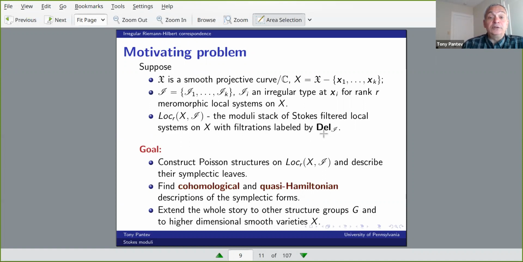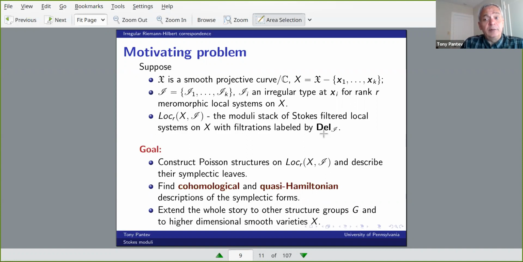And the goal is to construct a Poisson structure on this moduli, describe the symplectic leaves of that Poisson structure, and describe that Poisson structure in the usual way you describe Poisson structures on character varieties. So this is like the Betti moduli of connections, like a character variety with irregular singularities.